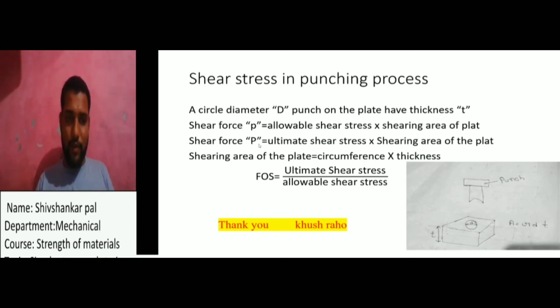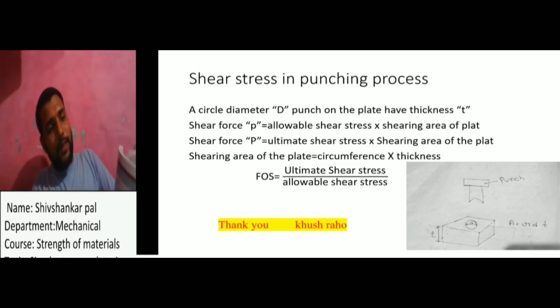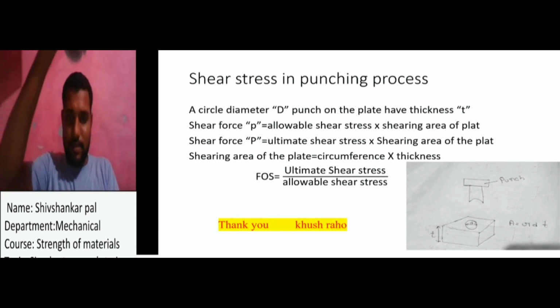When the shear force, the shear load from the ultimate shear stress and shearing area, meaning 445, is more than the applied load, at that time punching occurs. The shearing area of the plate is the circumference. Suppose this is the radius, and this is our punch.